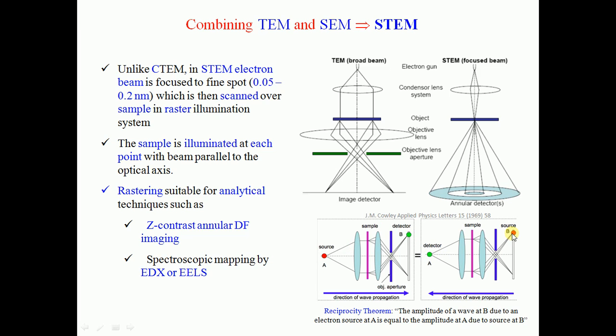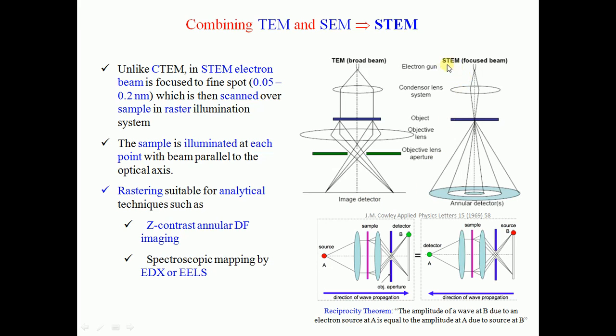What do I mean by this? When an electron passes through the sample and hits the detector, and once again this electron is being detected by the position observer sitting at the source, then it is called STEM, based on the reciprocity theorem.